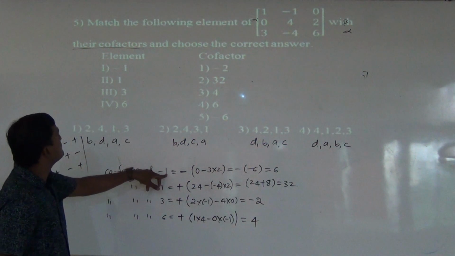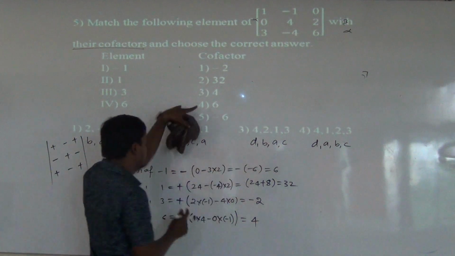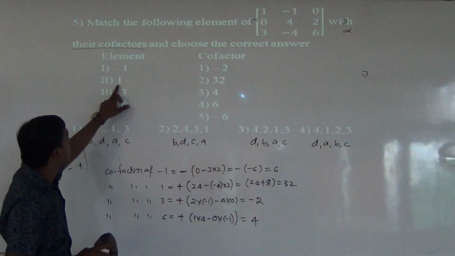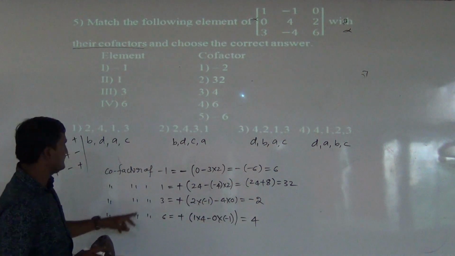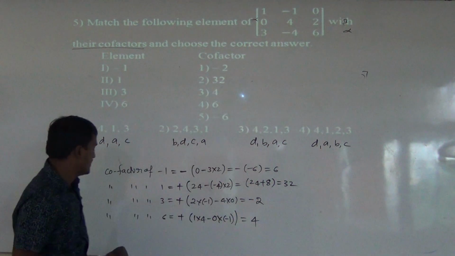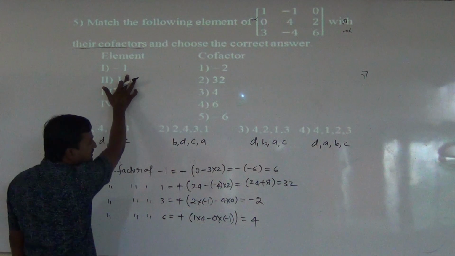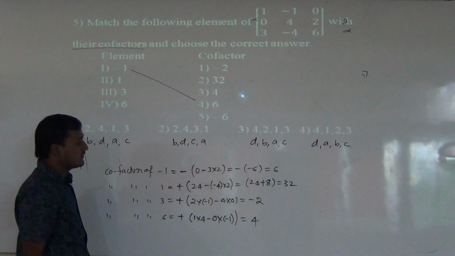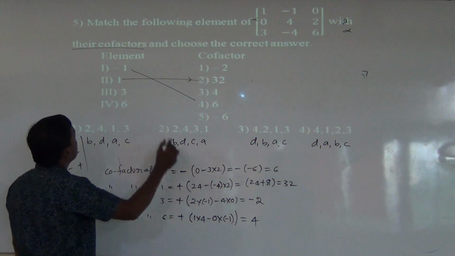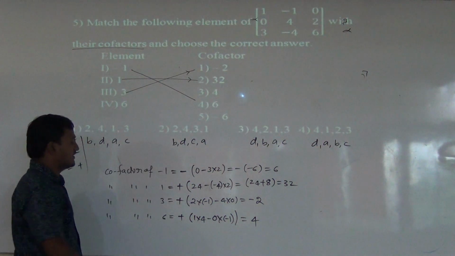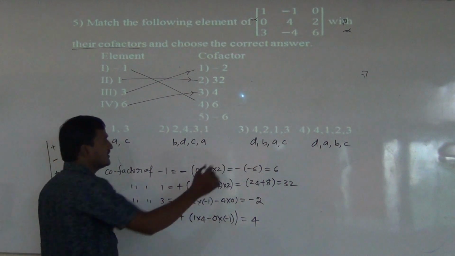So therefore, cofactor of -1 is 6, which means 1 is related to 4, and 4 is nothing but D. Next, cofactor of 1 is 32, which means B. Next, cofactor of 3 is nothing but -2, which means 1, that is nothing but A. Cofactor of 6 is nothing but 4, and 4 is nothing but C. So by comparing this, the third option is the right one.